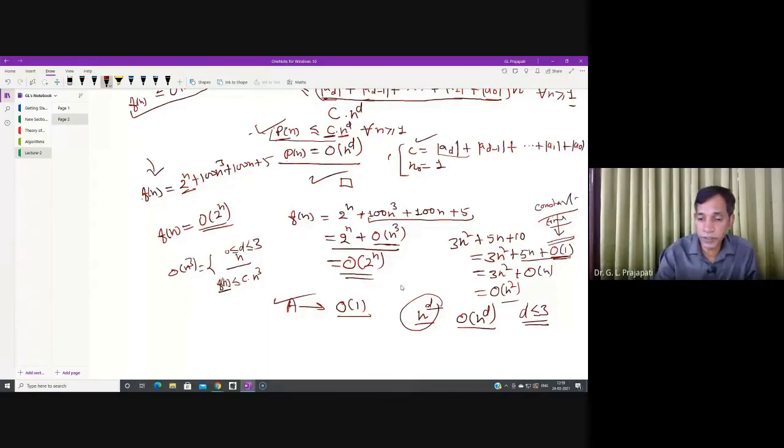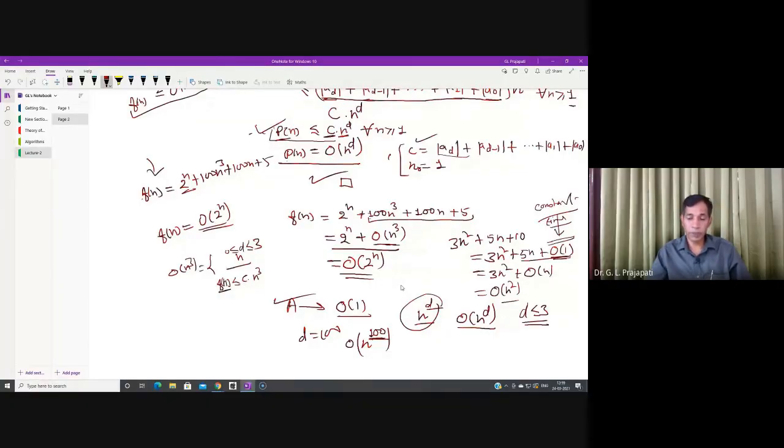But once d is sufficiently large, say d equal to 100, then even though n to the power d is a polynomial time algorithm, since the degree is very large, it is just like exponential actually. Very soon your algorithm will become intractable, and for sufficiently large values of n, you may not be able to find the output of such an algorithm.